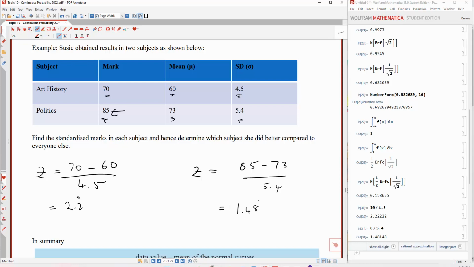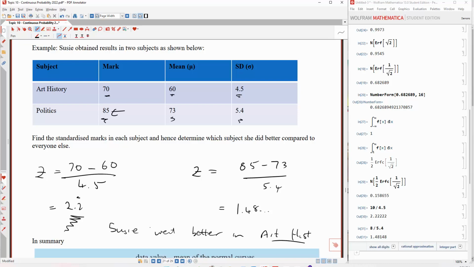So in this subject she would sit roughly 1.5 standard deviations above the mean. So art history is the much better score. I'd say that Susie went better in art history.